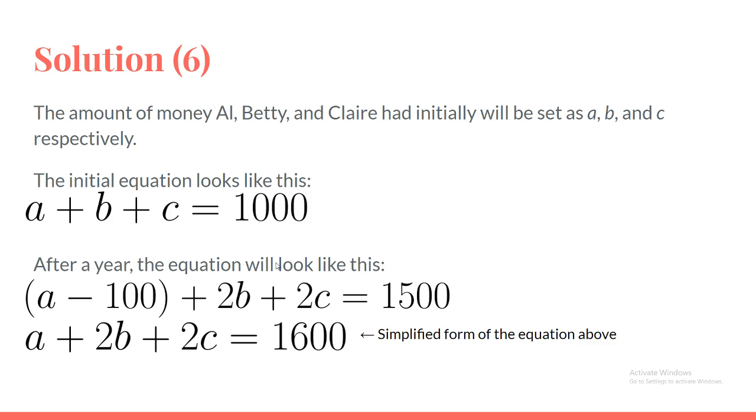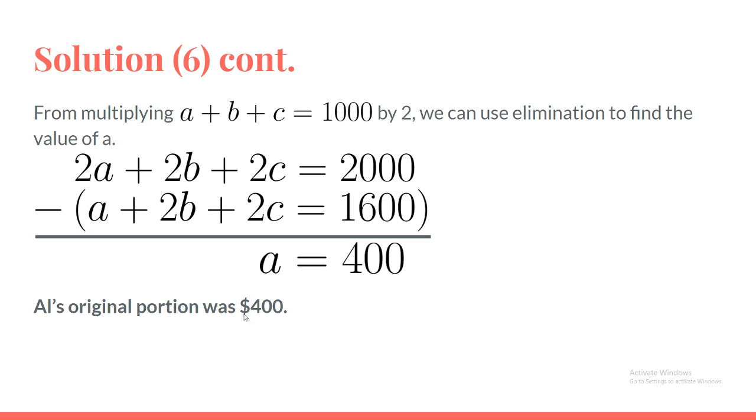Now A equals Al's portion, so Al's original portion was $400. And that is all for the questions.